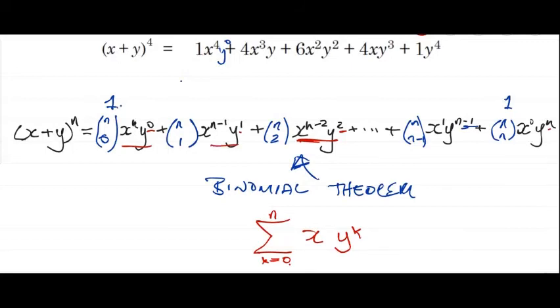All right. Now, what is the x term going to be? Well, we want to be careful here, because we don't want to just say n minus 1 like we did up here. We need to make the total of the exponents add up to n. So we'll do this, n minus k.